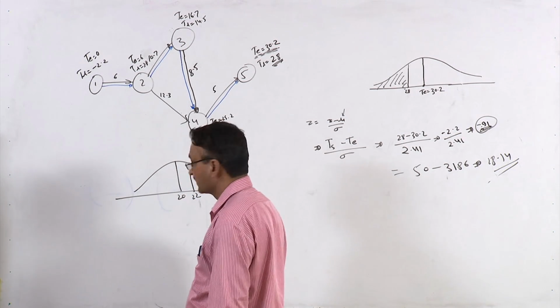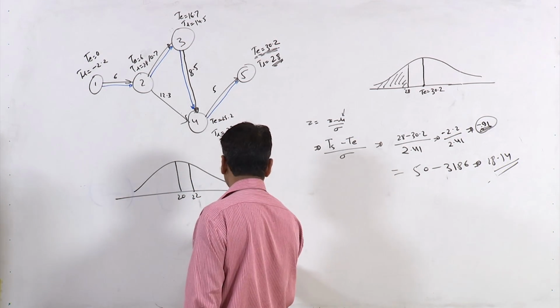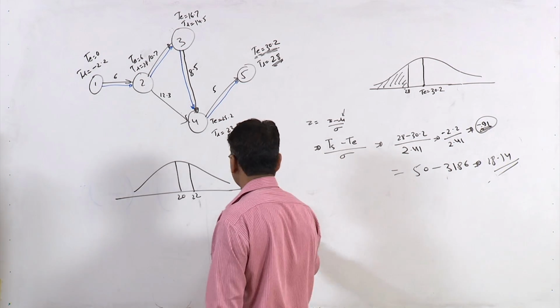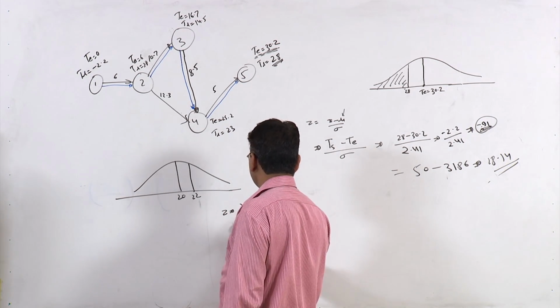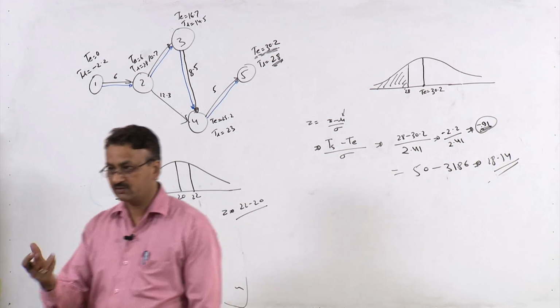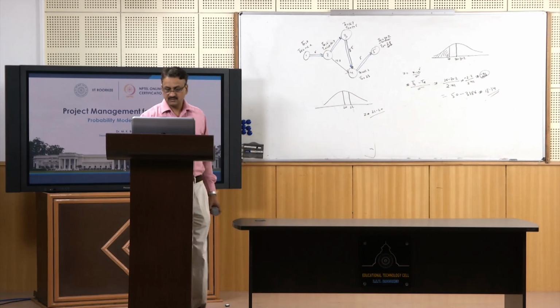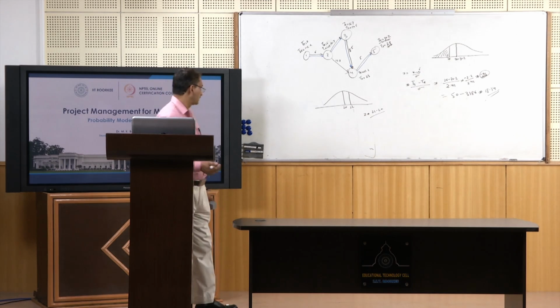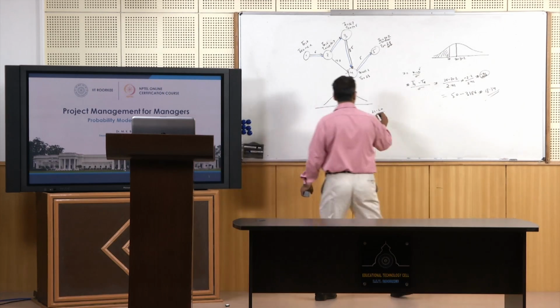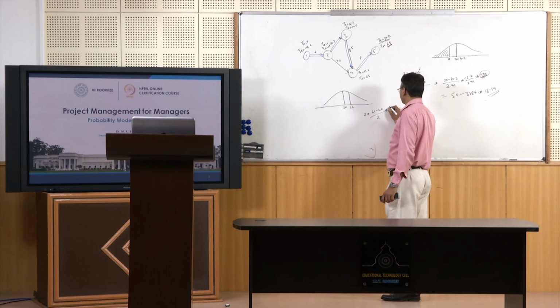So calculate Z, which is 22 minus 20 divided by the standard deviation. You need to calculate the standard deviation for this. The standard deviation is 2. So this value is 1, right?